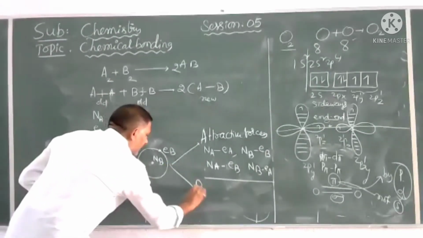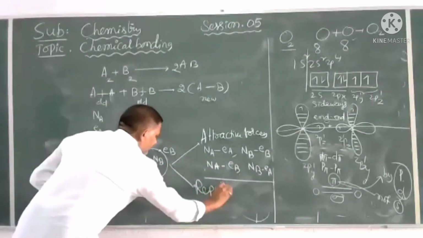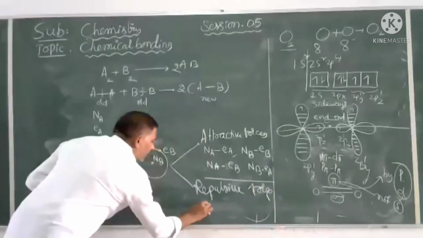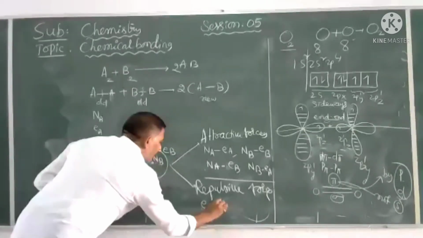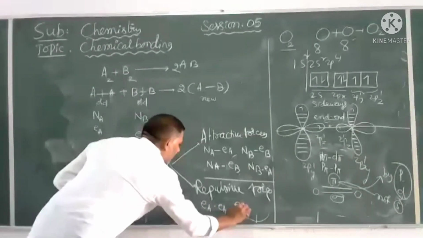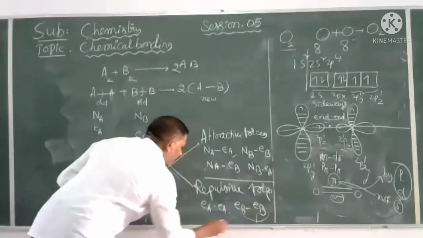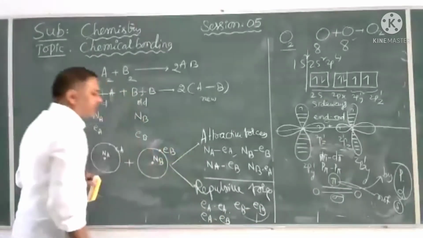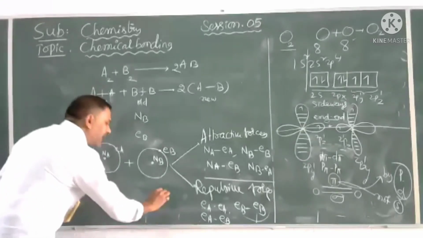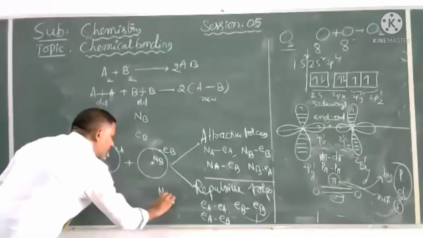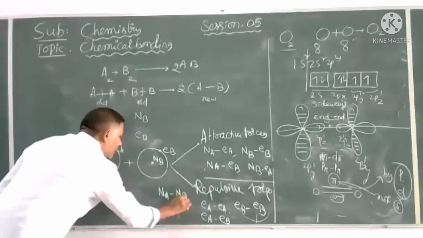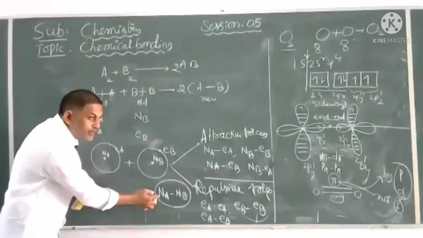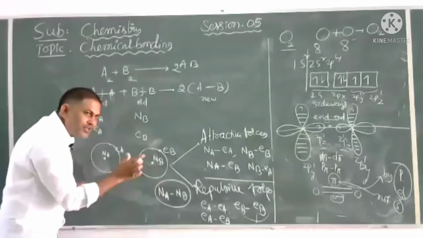But there are also some repulsive forces. Repulsive forces mean repulsion between the electron of A and electron of A, electron of B and electron of B, or electron of A and electron of B. Repulsion also takes place between the nucleus of A and the nucleus of B, because nuclear charge is positive.